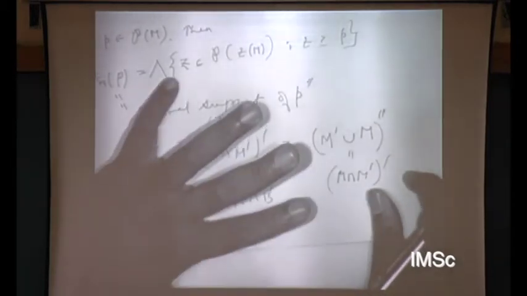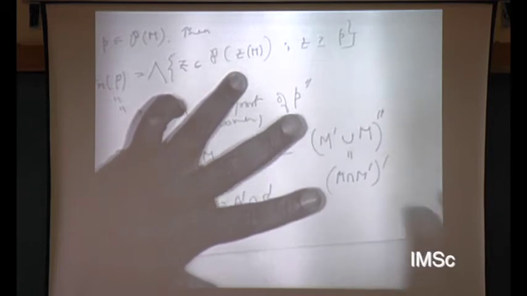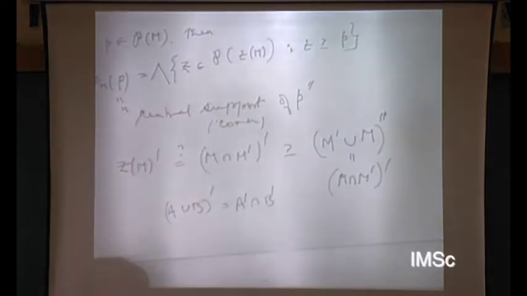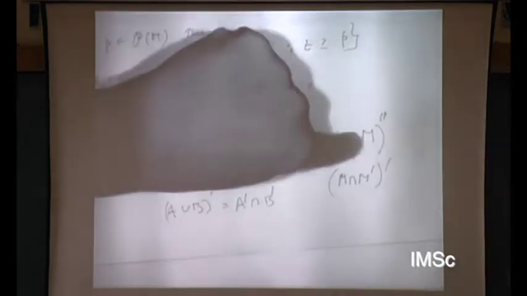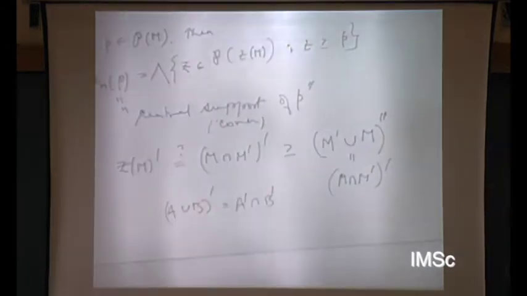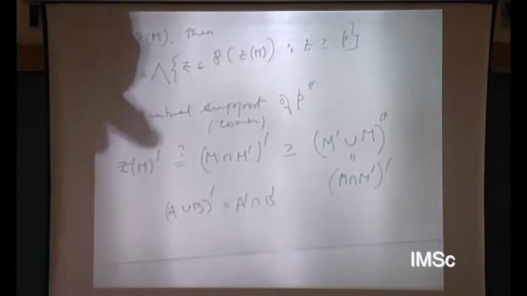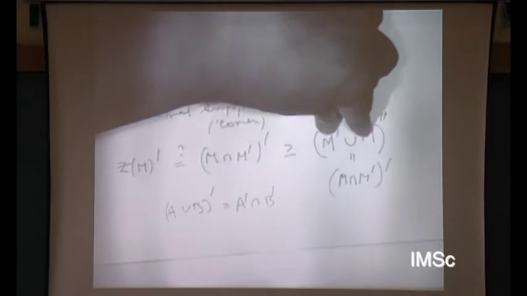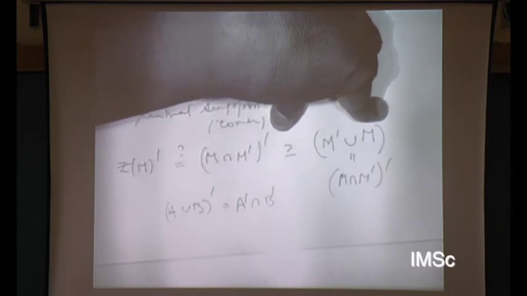So to say you have a projection in the center of M means that you are looking at a subspace, namely the range of Z, which is invariant for everything in M prime and for everything in M. The commutant of this is exactly this. If it is invariant for everything in this family, then it will be invariant for everything in the generated algebra.